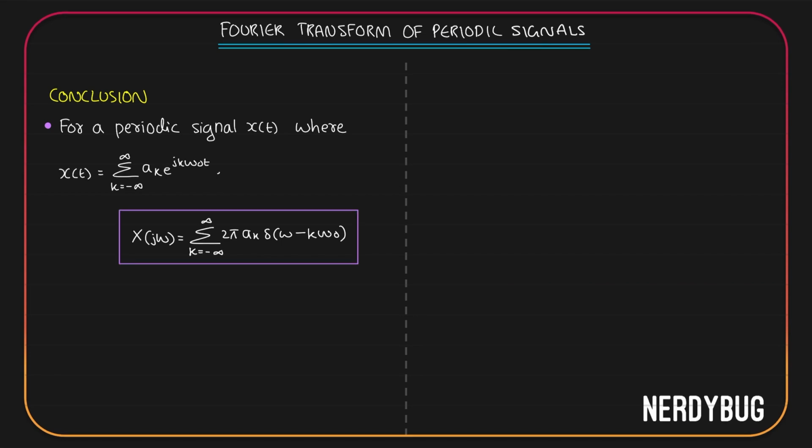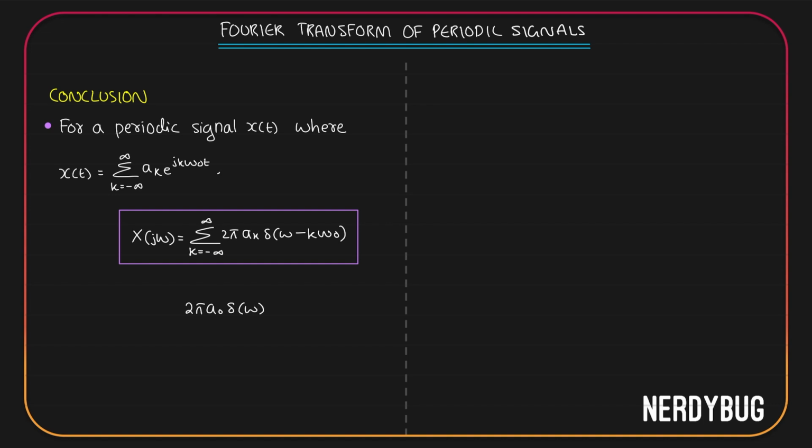So x of j omega is the sum of 2 pi ak delta of omega minus k omega naught, where k can take any integer value from minus infinity to infinity. If I give k equal to 0, I will get 2 pi a0 delta of omega minus k omega naught, omega minus 0, that is delta of omega.